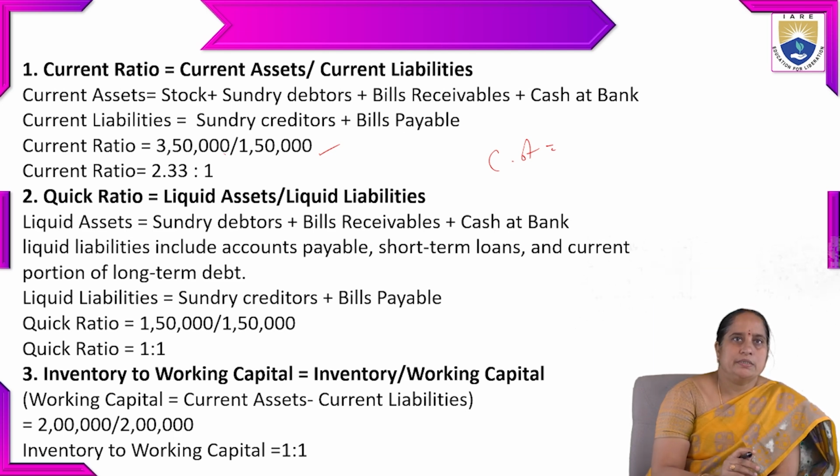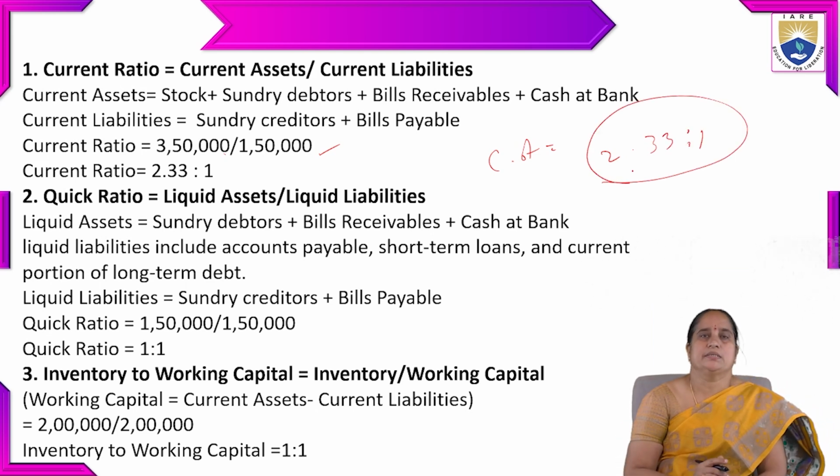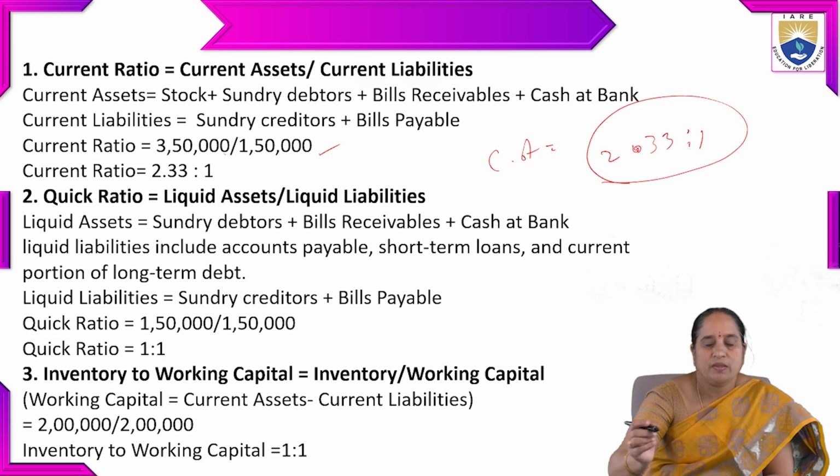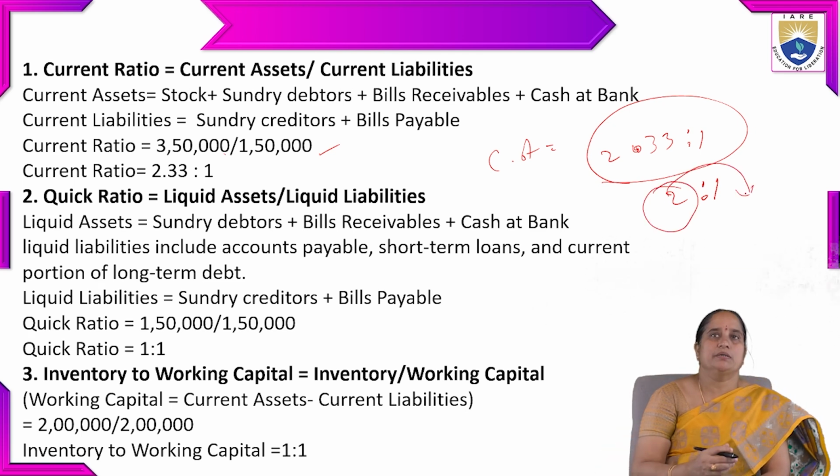So the ratio of current assets and current liabilities is 2.33 is to 1. So what does it mean? The ideal current ratio should be 2 is to 1. It means that current assets should be double the current liabilities. If your ratio indicates 2.33, the company is financially very good, with sound financial status.